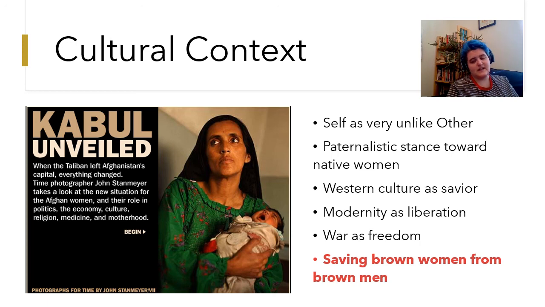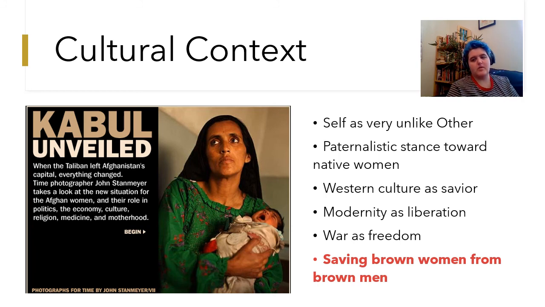And then, as Dana Cloud pointed out, and I think this is the main takeaway from her article, we were saving brown women from brown men. And this is a refrain that happens a lot, especially when you look at any kind of charity models, but also a lot of US war models.